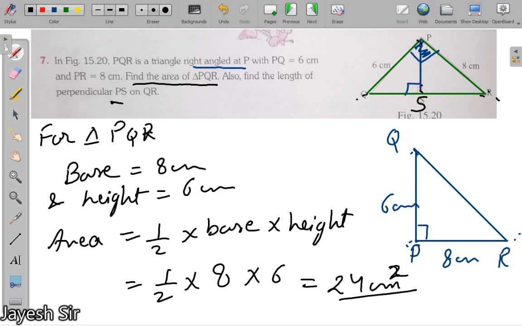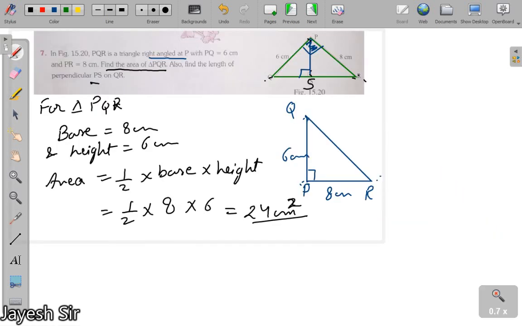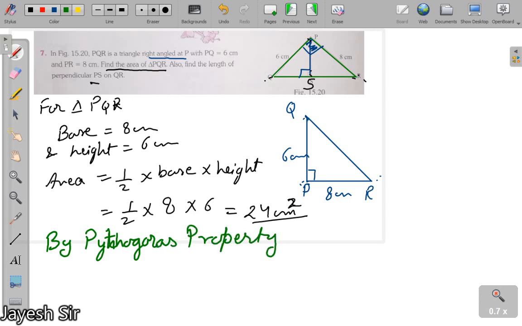Now we know that PQR is a right angle triangle. So we can apply Pythagoras theorem or Pythagoras property in this triangle. So we'll write by Pythagoras property. What was Pythagoras property?